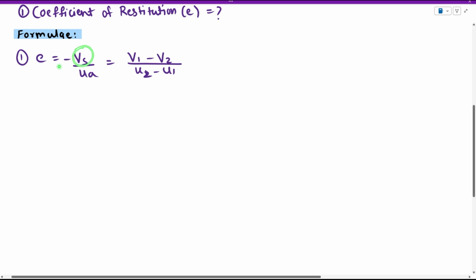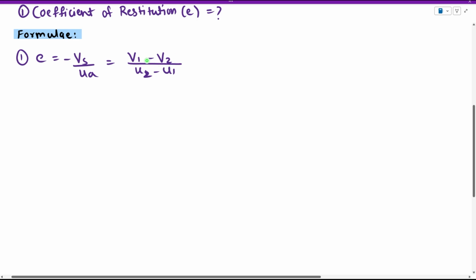It is the ratio of the separating speed to the approaching speed. In this context, it would be v1 minus v2 divided by u2 minus u1. This is a textbook formula, so I hope you know it. If you look at this version of the formula, we have almost all the quantities except for v2.